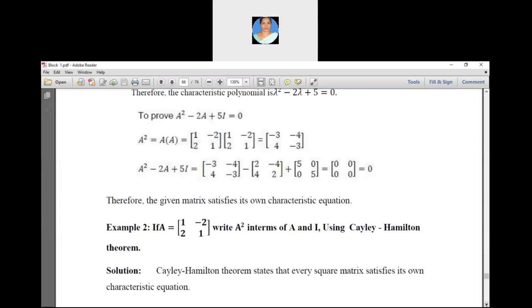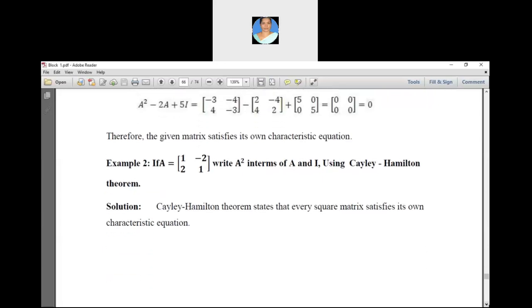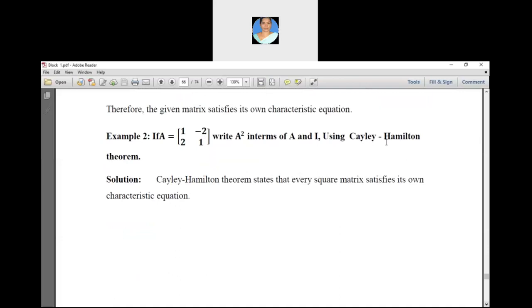The second problem is if capital A equal to 1, minus 2, 2, 1, write A square in terms of A and I using Cayley-Hamilton theorem. Cayley-Hamilton theorem states that every square matrix satisfies its own characteristic equation.